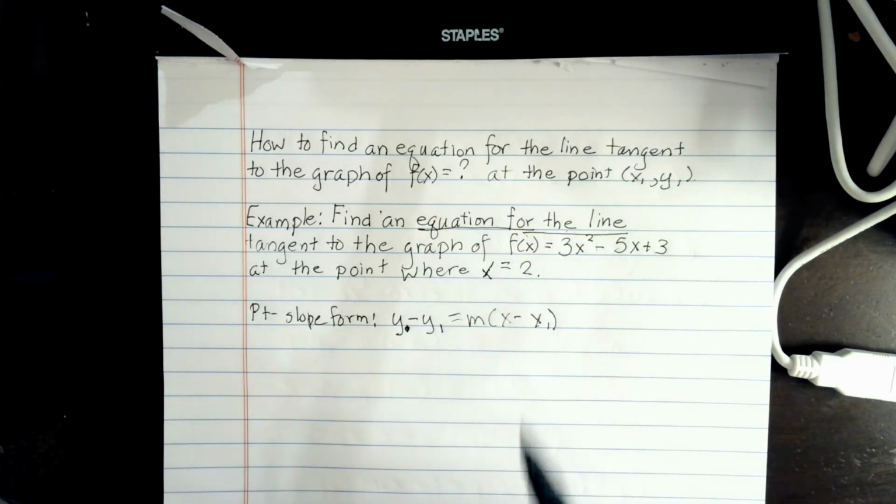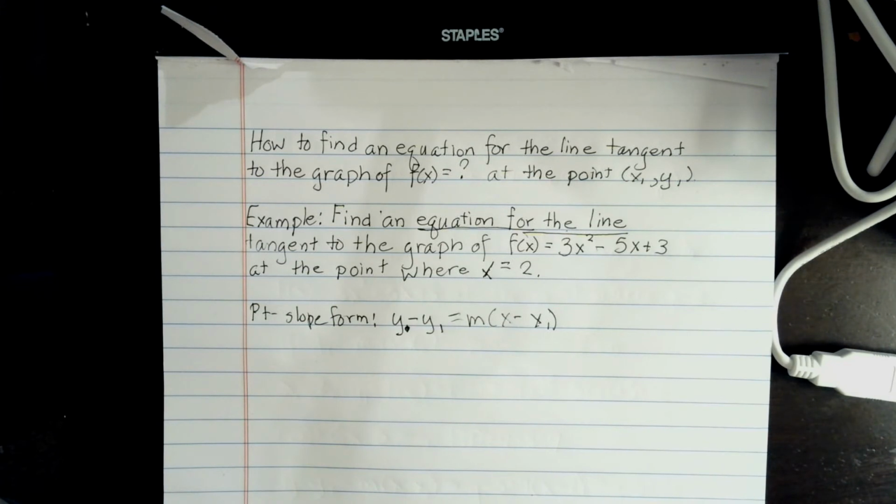So if you have a line of slope m that passes through the point with Cartesian coordinates x1, y1, then its equation can be written in the form y minus y1 equals m times x minus x1.